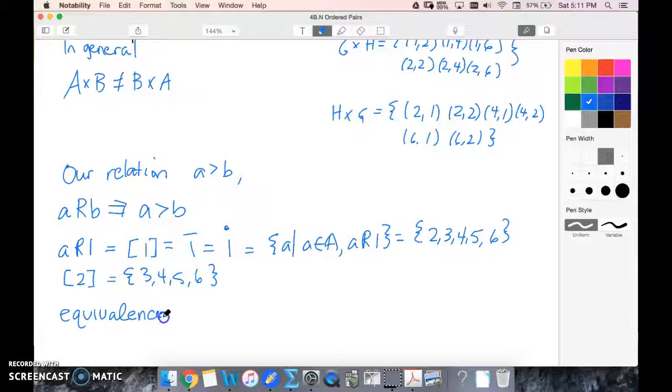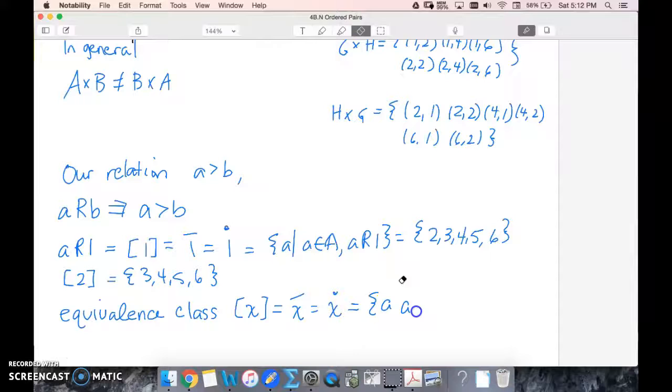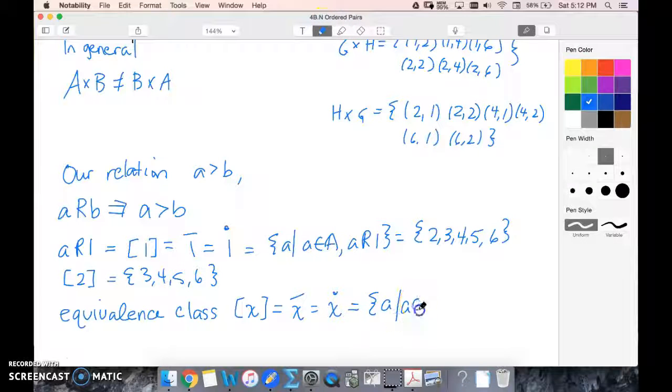So the equivalence class X, or we could use these other notations, X bar, X dot, those are all going to be the set of A values where A is an element, such that A is related to X. So it's basically going through our set, fixing the second coordinate, and finding all of the first coordinates that are possible.